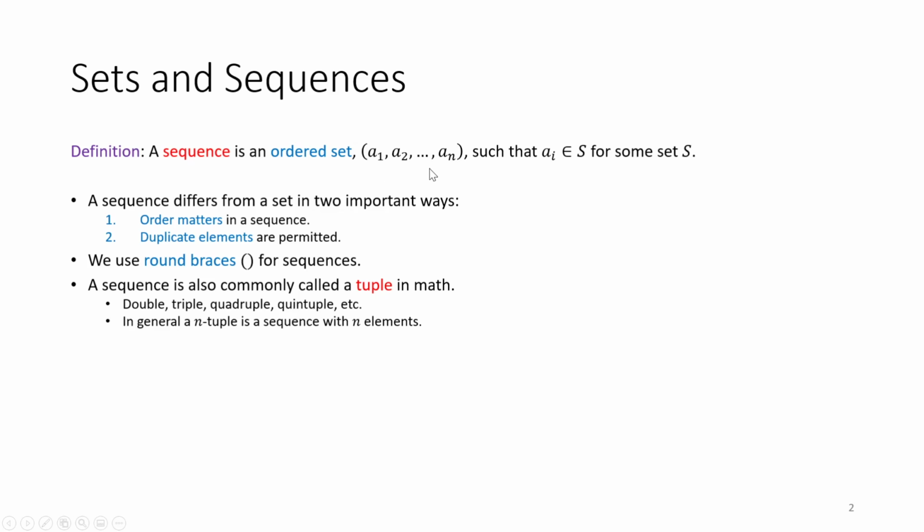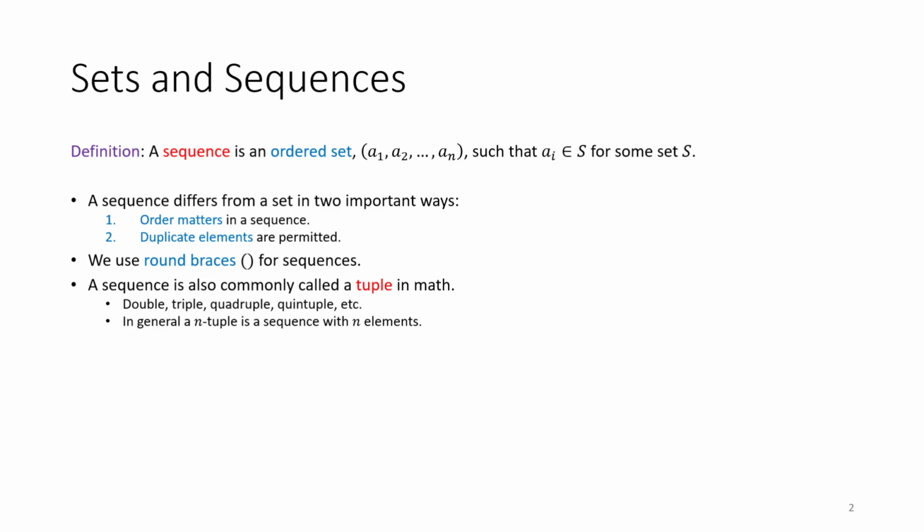That isn't true of a normal set. In a normal set, the order we place the elements in does not matter. We can rearrange them in any order and it's still the same set. However, in a sequence, that is not true. If we rearrange the order, we get a different sequence, even if they have all the same elements.